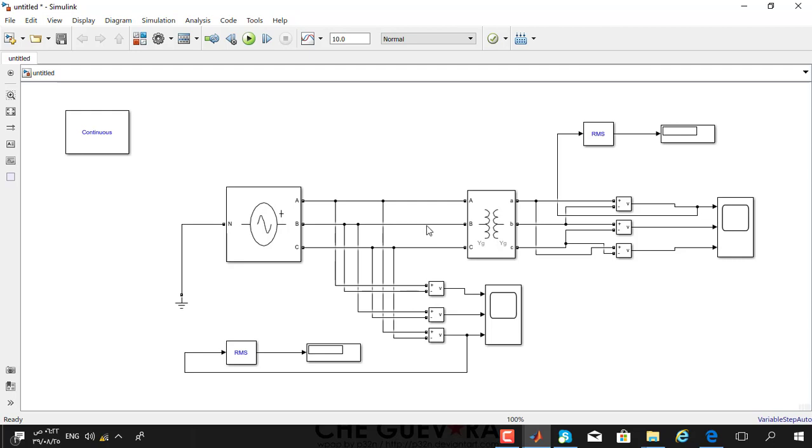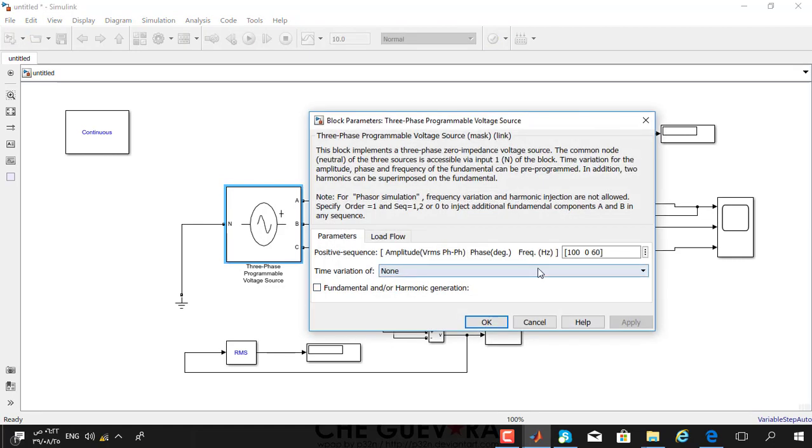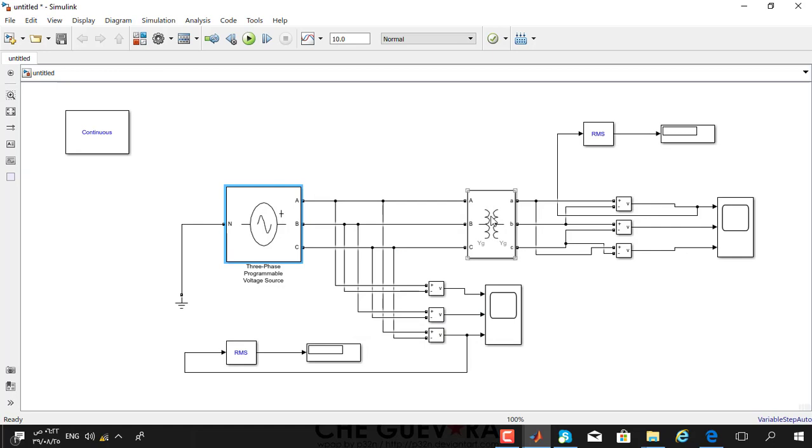So now we are almost done with the connection, but we need to change the properties for the three-phase voltage source and the transformer. First, let's start with the three-phase. Our input voltage or amplitude is 100, the phase angle is 0, the frequency is 60 Hertz. So we keep it this way, and we go to the transformer.